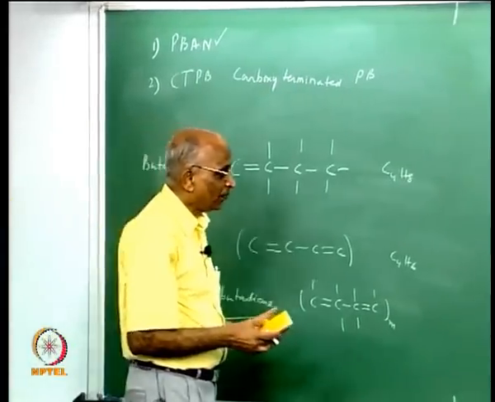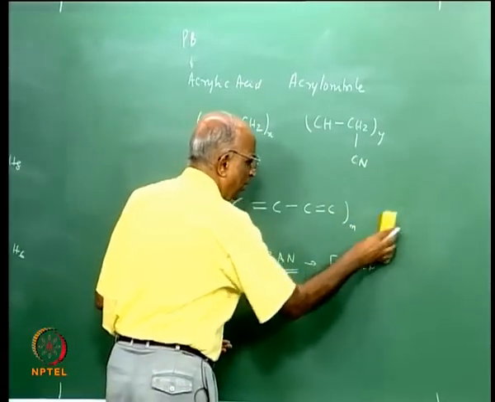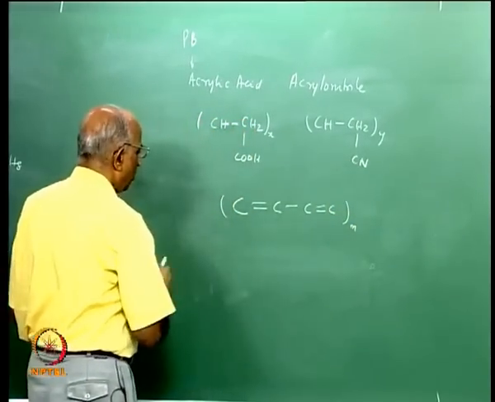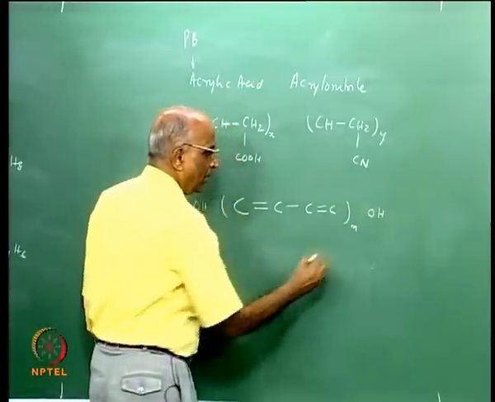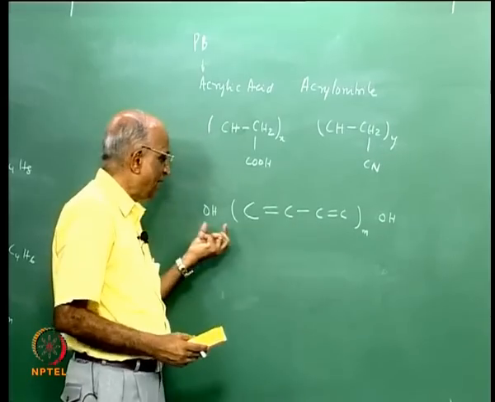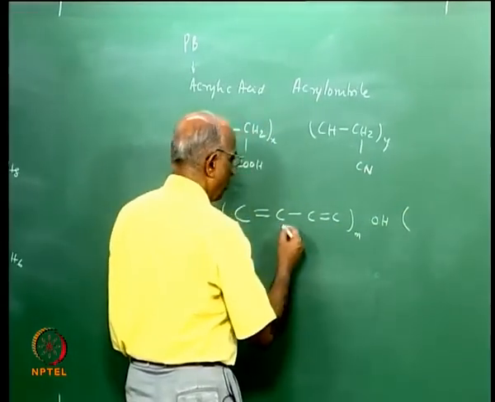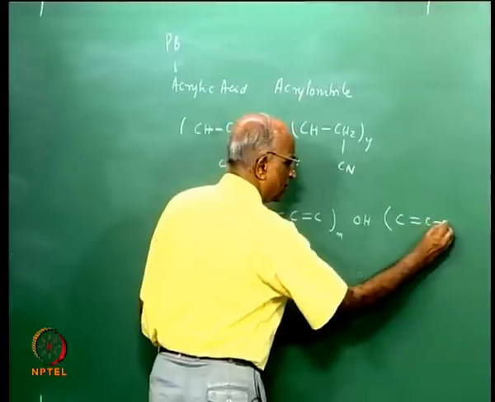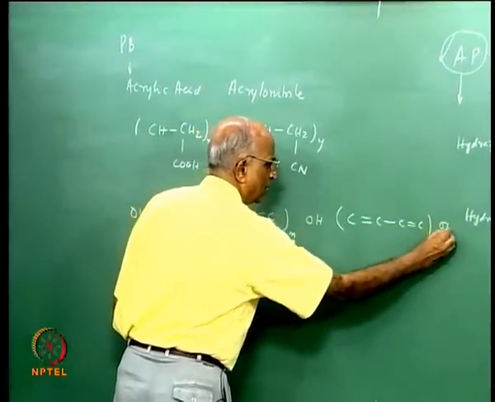The question is, why not have a polybutadiene in which I do not terminate it with anything, but I just put something like OH here. In other words, I have hydroxy radicals which are used at the ends of the chain, and now I have another polybutadiene C, C, C, again maybe N, again something like OH.